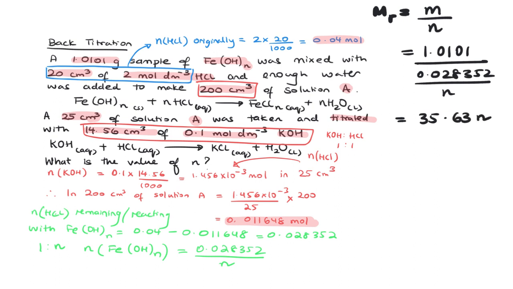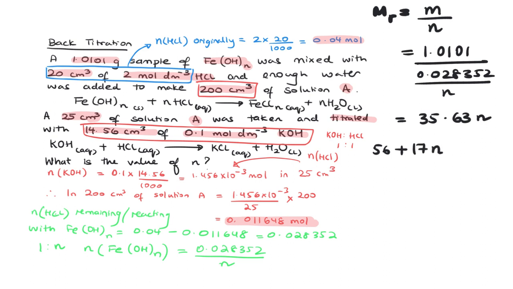Now if we look at the actual molecular formula, iron is 56, plus the oxygen and hydrogen, which adds up to 17.